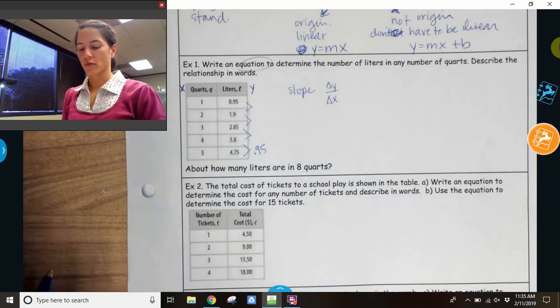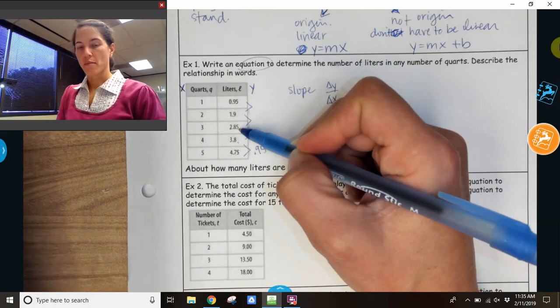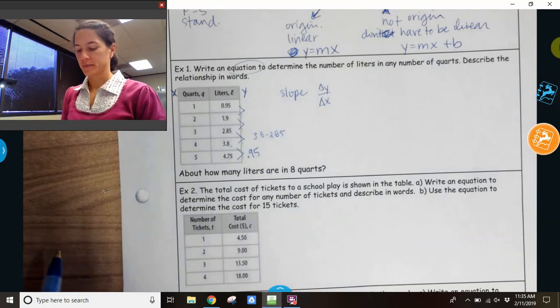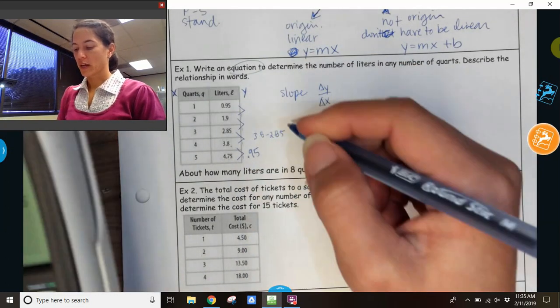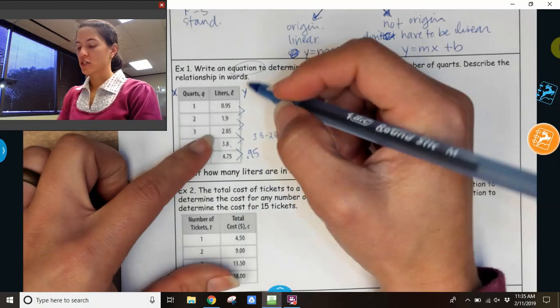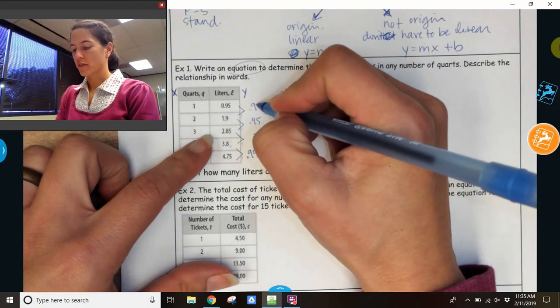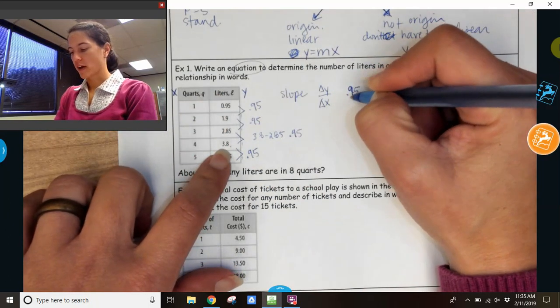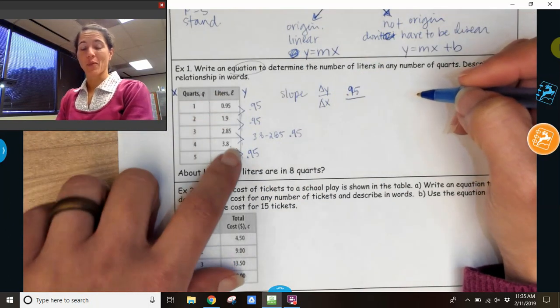And then I would subtract 3.8 minus 2.85, and I get 0.95. And then I would still get 0.95. So the change in y values is 0.95. It's going up by 0.95.